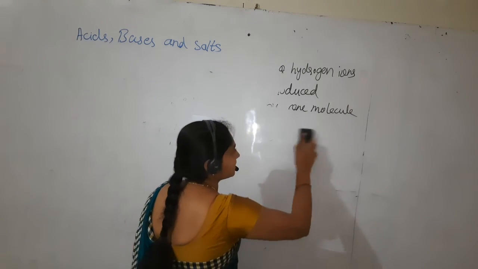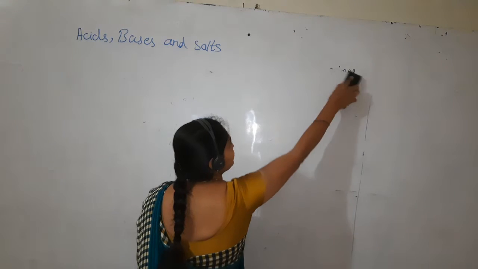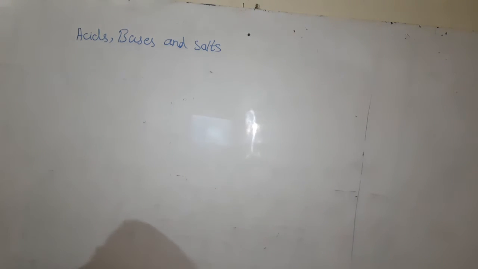We know that when acids dissociate in water or any substance, H+ ions are produced. Next we move to the bases.